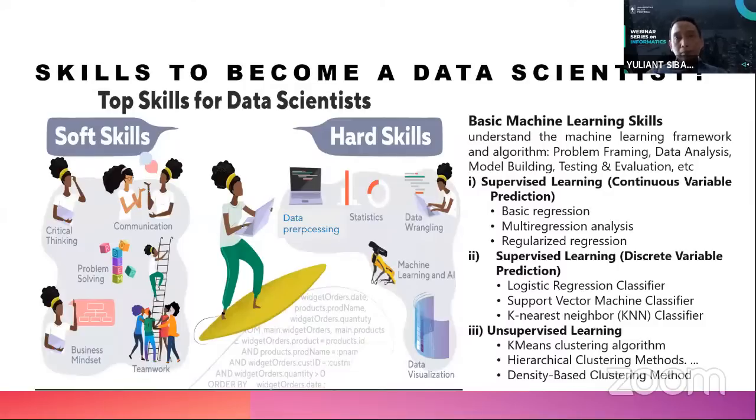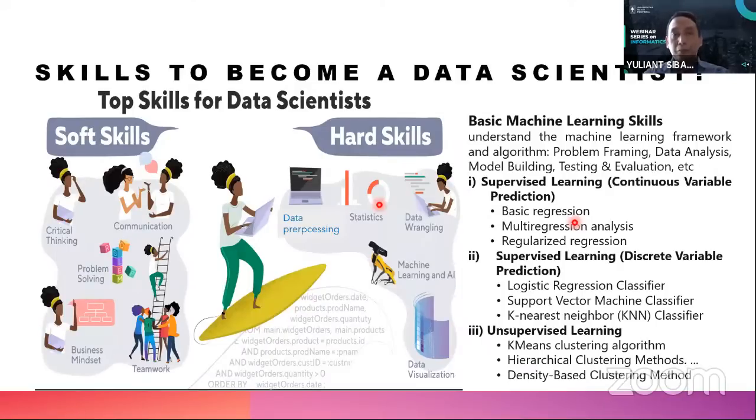And then about basic machine learning skill. Understand the machine learning framework and algorithm, problem framing, data analysis, model building, testing, and evaluation. In machine learning, it can be divided into 3 categories.